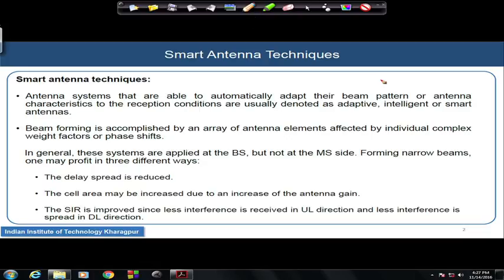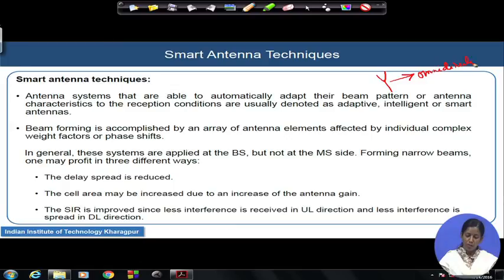So, usually in a communication system, when we talk about an antenna, we usually think of an antenna which is omnidirectional. Omnidirectional means the waves released have no directivity, and the released electromagnetic wave can traverse a 360-degree zone.